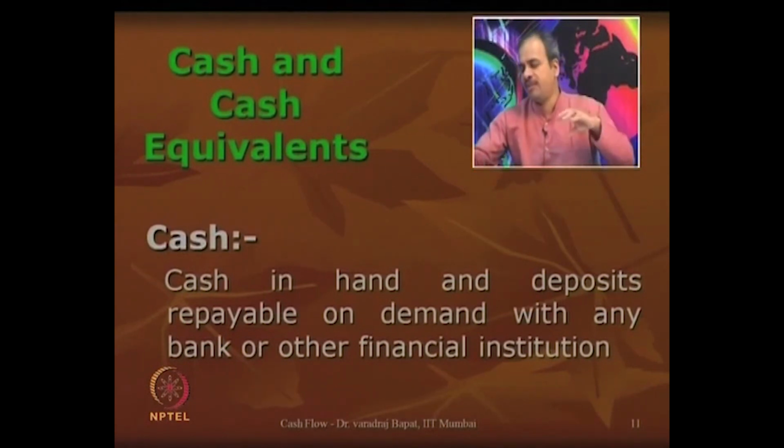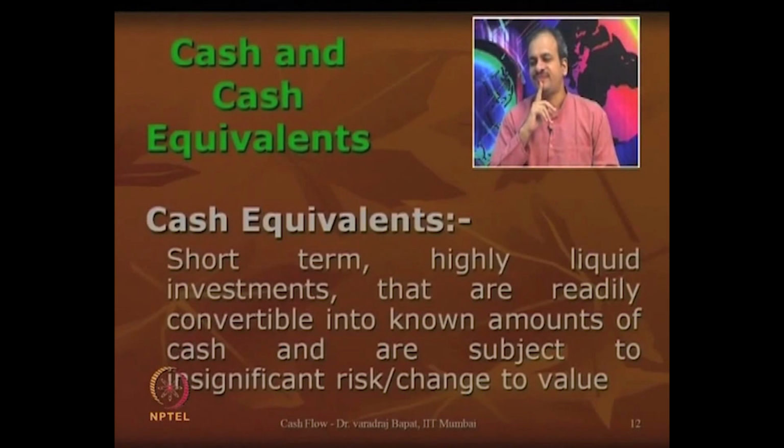Now, let us see what are the principles. So, this is a definition. It is a short term, highly liquid investment that can be readily converted into known amounts of cash and are subject to insignificant risk of change of value. Okay.